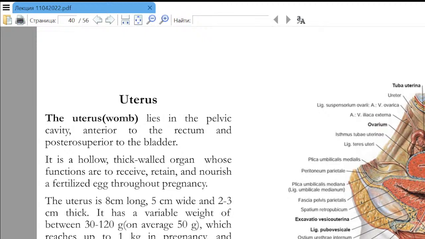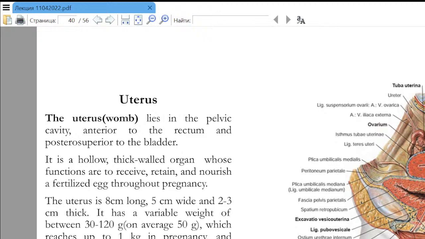The uterus lies in the pelvic cavity, anterior to the rectum and posterior superior to the bladder. It is a hollow, thick-walled organ whose functions are to receive, retain and nourish the fertilized egg throughout pregnancy.